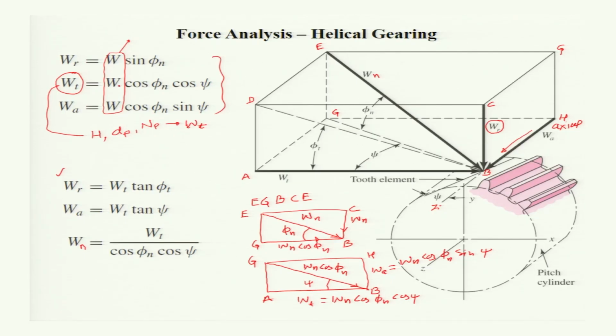So, this Wn is obtained in terms of Wt. So, Wn is Wt divided by cos phi n divided by cos psi, and then substituting Wn in the equation of Wr and Wa, we get radial force and axial force in terms of Wt and other known terms, the tangential pressure angle and the helix angle.